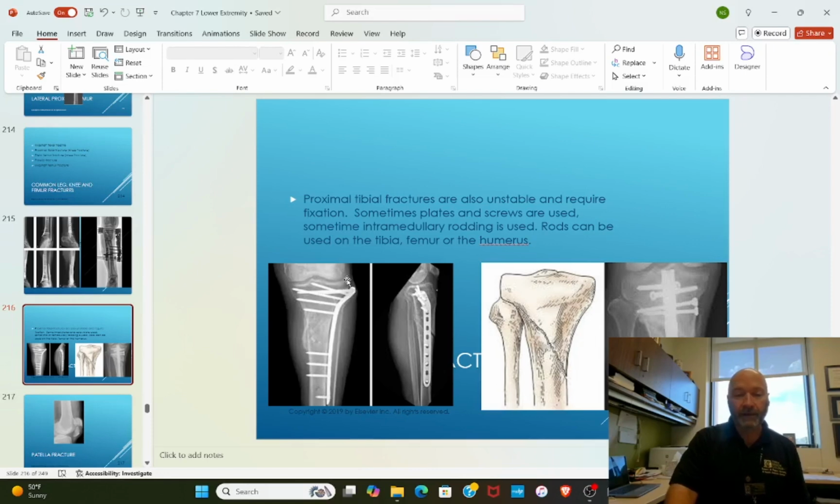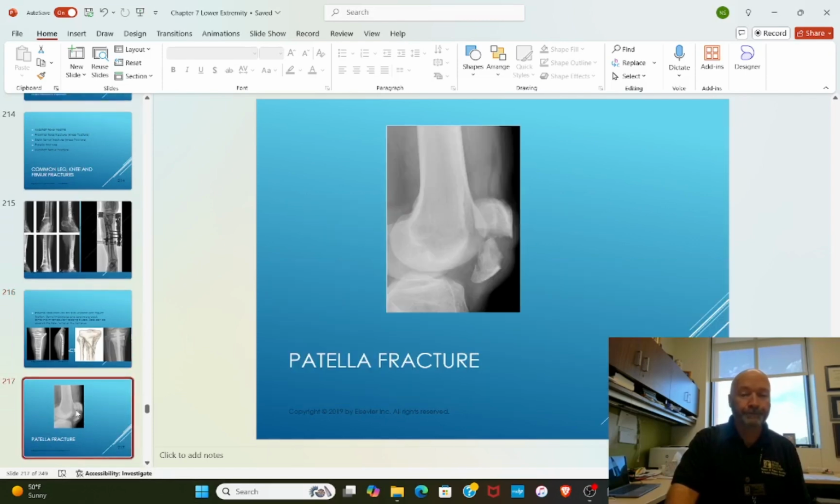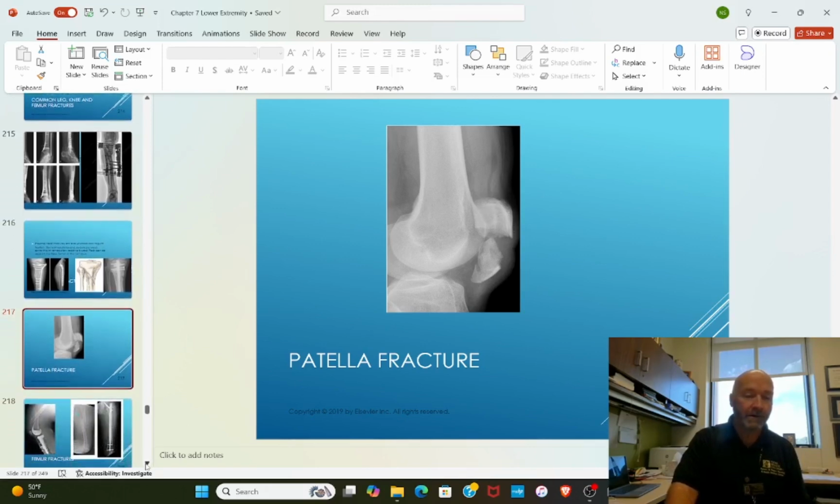So you've got a plate here with screws going all the way across. The patient probably has at least a couple of fracture lines running through the tibial plateau. Broken patella usually involves a couple of pins and then a wire that wraps around it to hold the whole thing together.